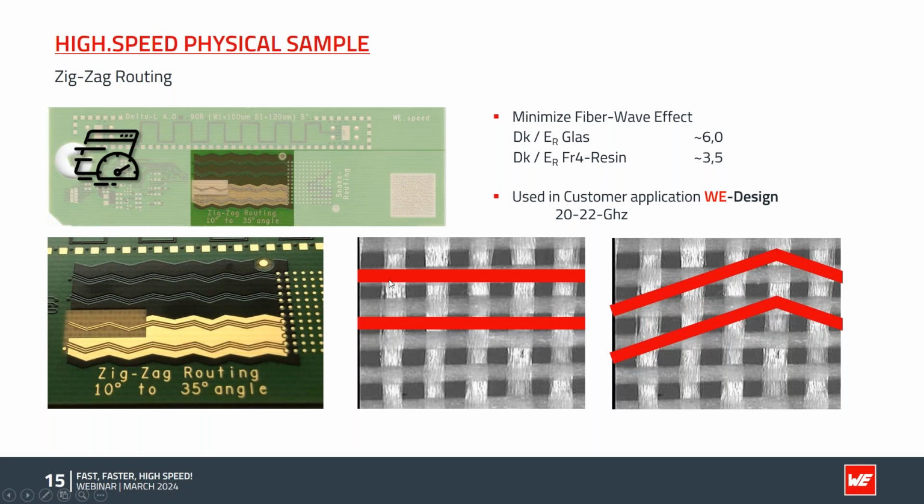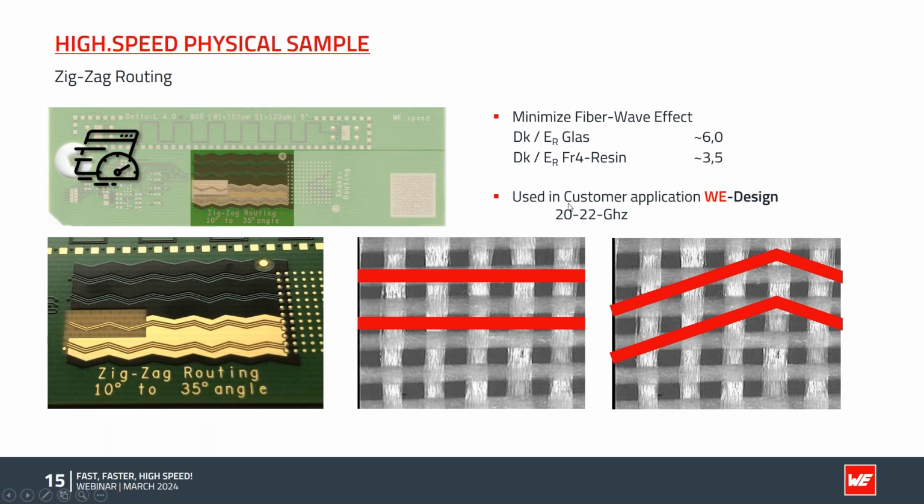This can be changed either by using different prepreg styles or by design. If you use this zigzag routing, you get a mix of all different material, and this effect is minimized.